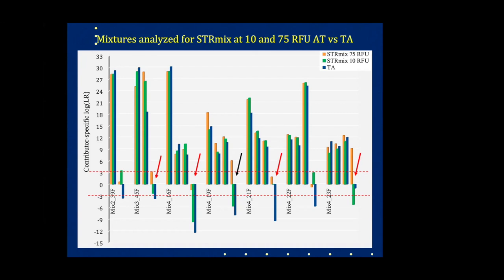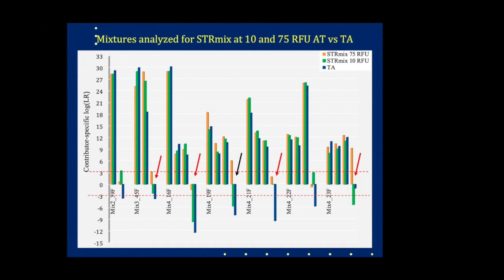For mix 21F, that value went from the inconclusive range for STRmix to being 0, which means for their system it eliminated that contributor completely, certainly in line with the TrueAllele data.